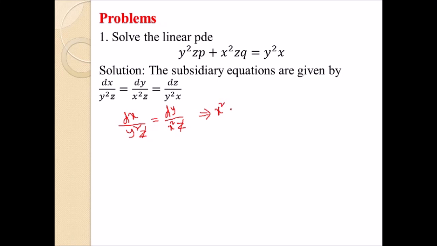x square dx is equal to y square dy, or I can write this as x square dx minus y square dy equal to 0. Now integrate both sides.